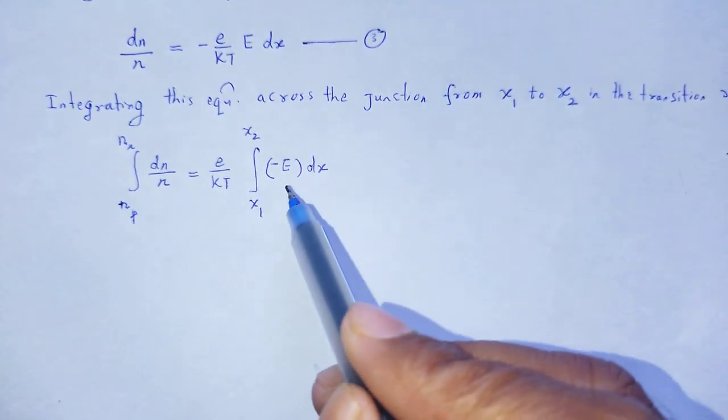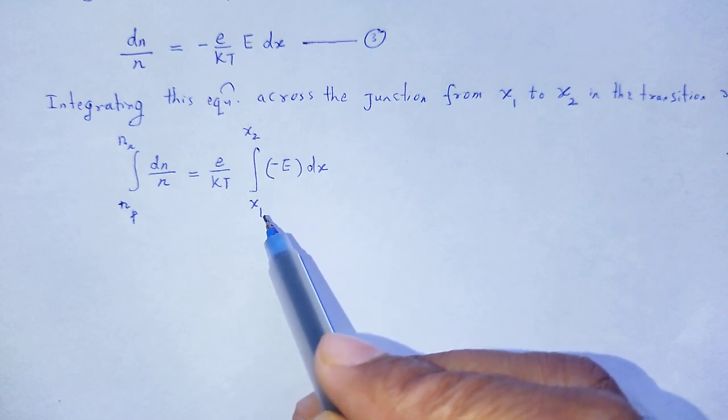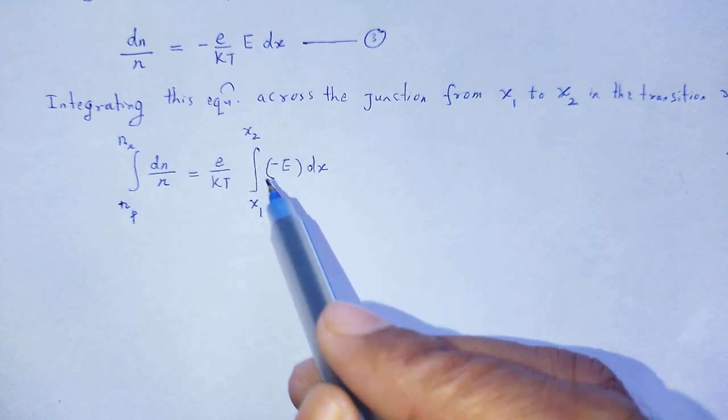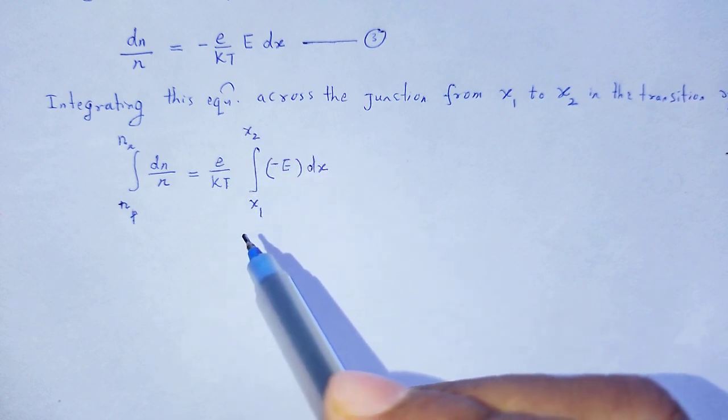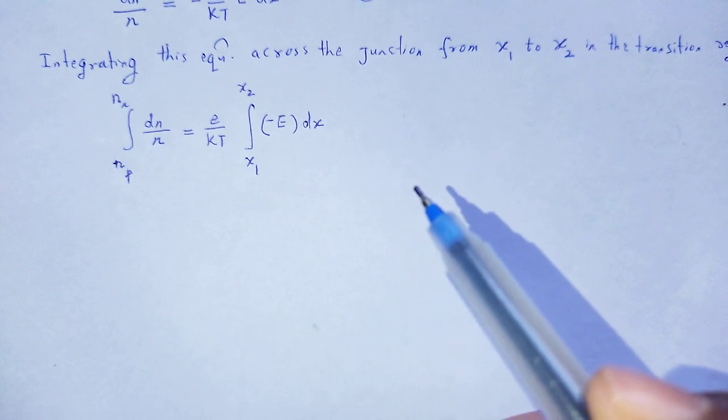Here the term, the integration over x1 to x2 of minus E dx, is nothing but the barrier potential.